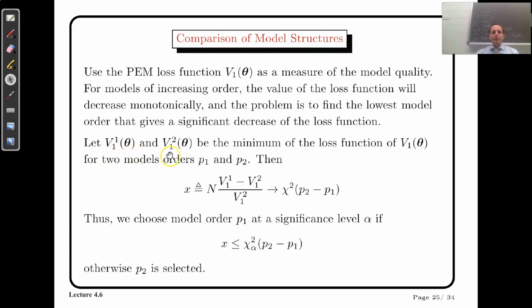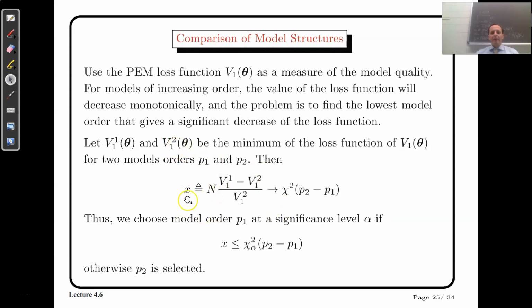Let's assume that we have the two values of the minimum of the cost function for two model orders. For the order P1, we have the cost function V1, and for the order P2, we have the cost function V2.